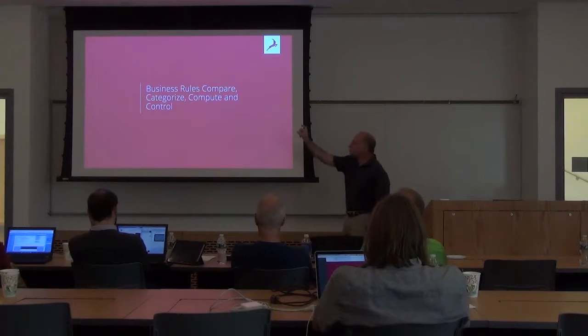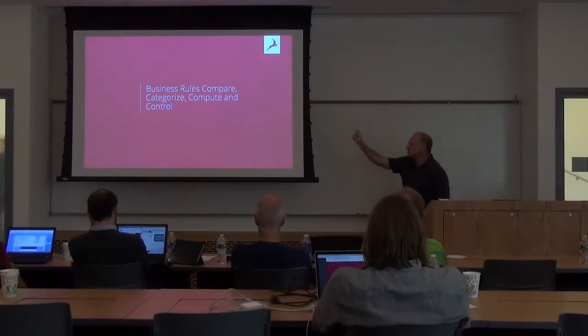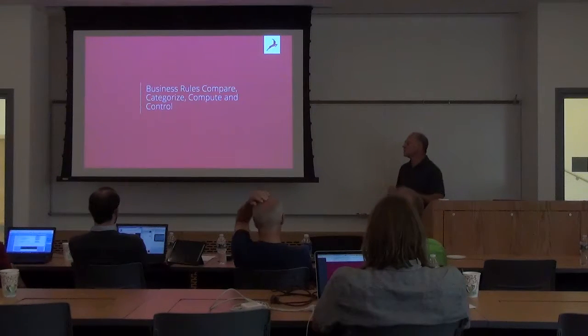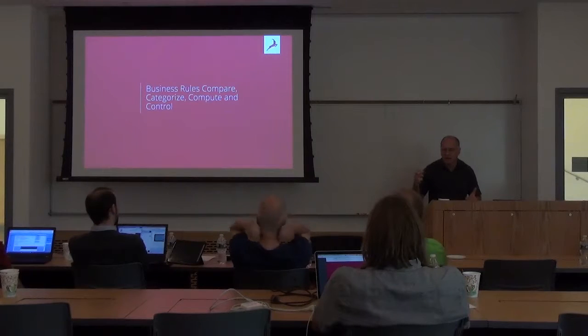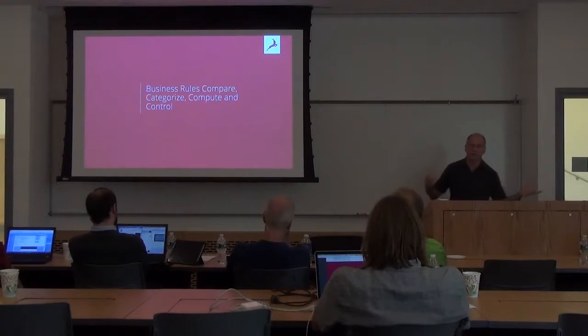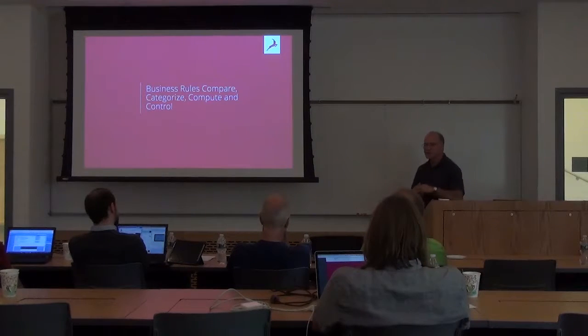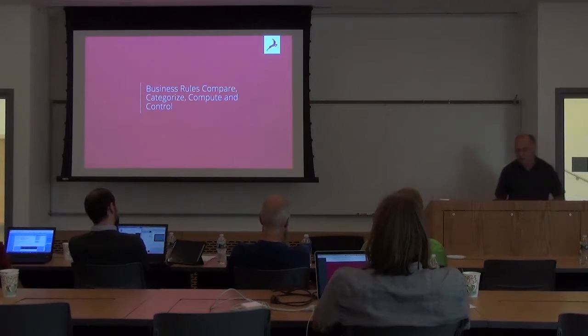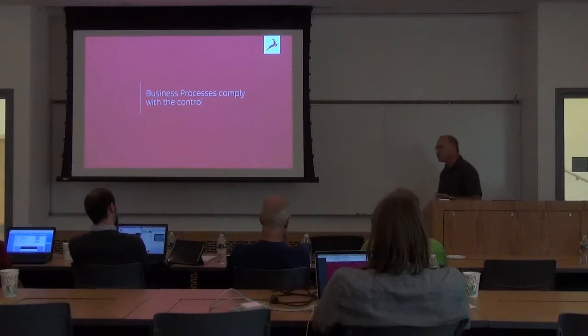So constraints basically fall within this realm of comparing one number with another, categorizing a number, is it a reportable swap, is it a wholly owned subsidiary, computing some time, like swaps have to be reported within 15 minutes of their posting. And then finally, business processes comply with this control.